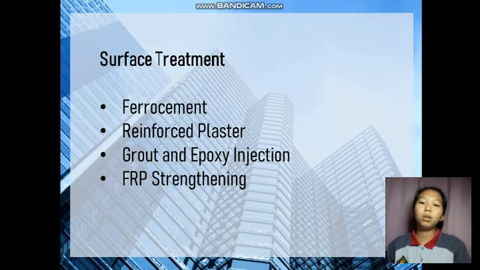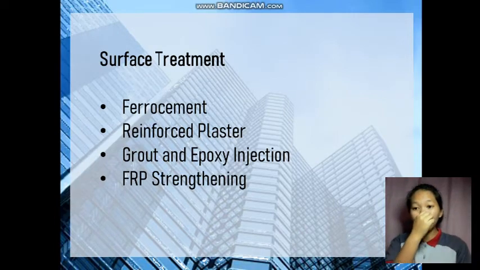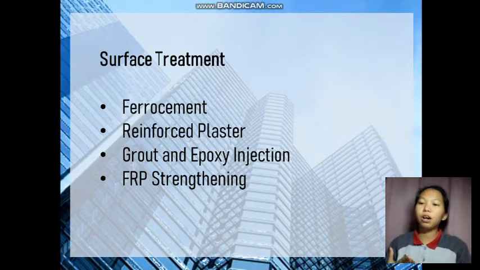Fiber reinforced polymer or the FRP typically consists of high tensile continuous fibers oriented in a desired direction in a specifically resin matrix. These continuous fibers are bonded to the external surface of the member to be strengthened in the direction of tensile force or as confining reinforcement normal to its axis.